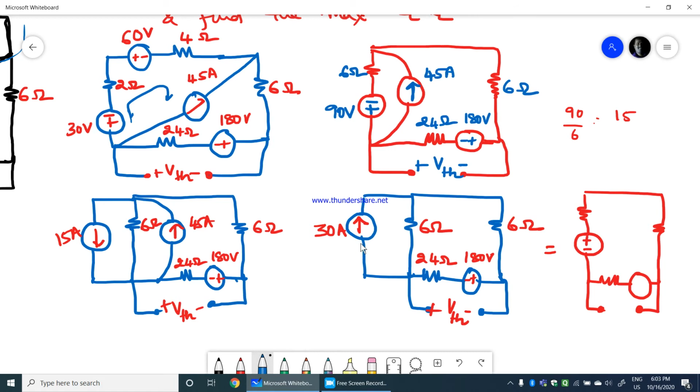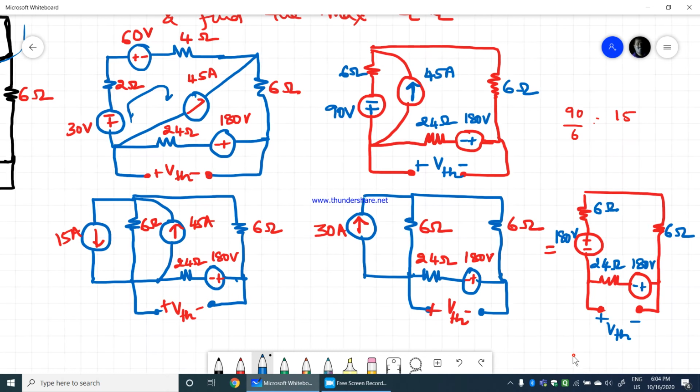So I into R, 180 volts is this, 6 ohms, 24 ohms, 180 volts here, and 6 ohms, and here plus minus VTH.